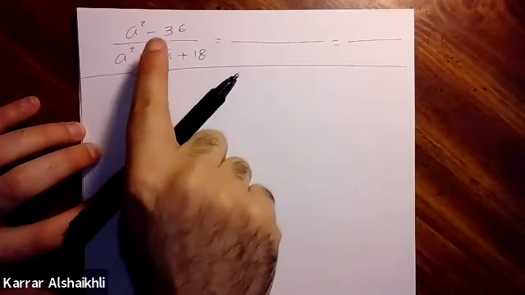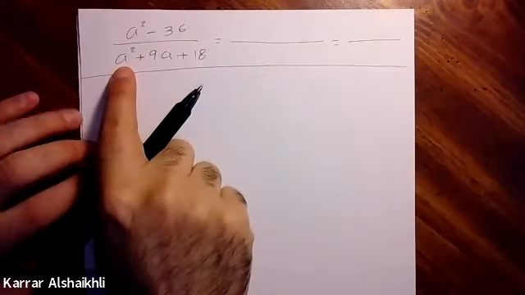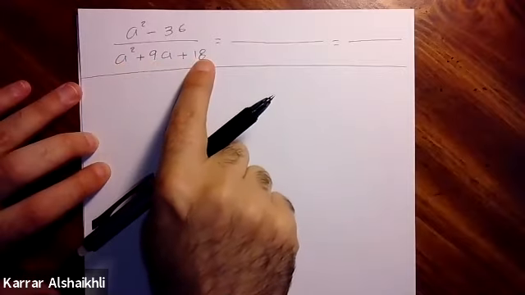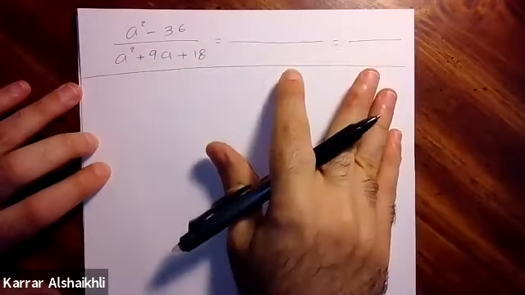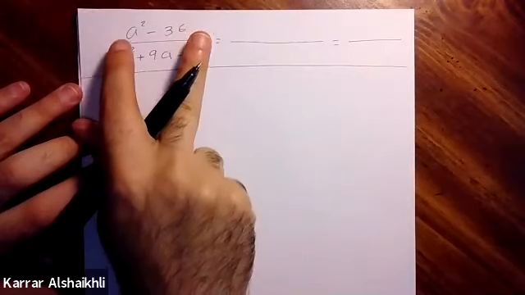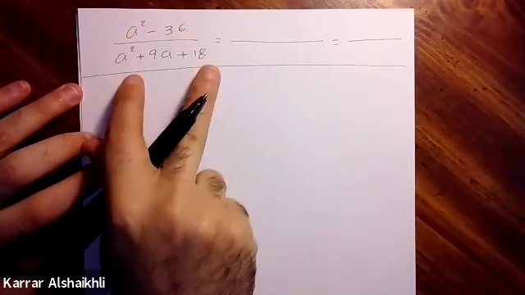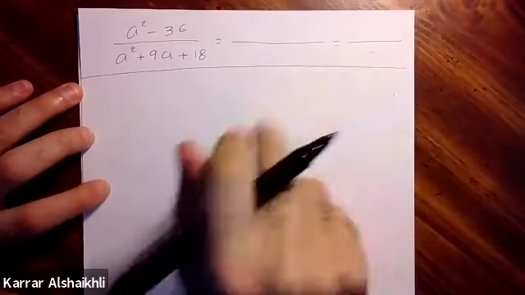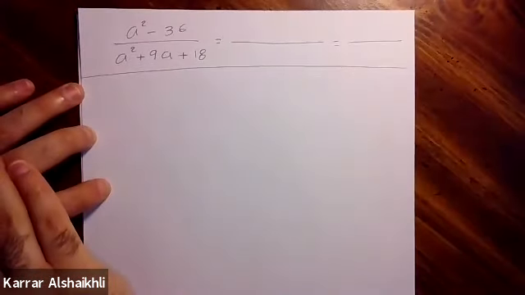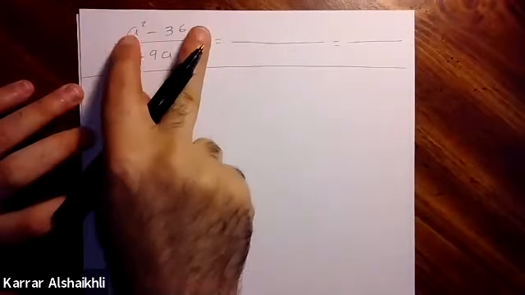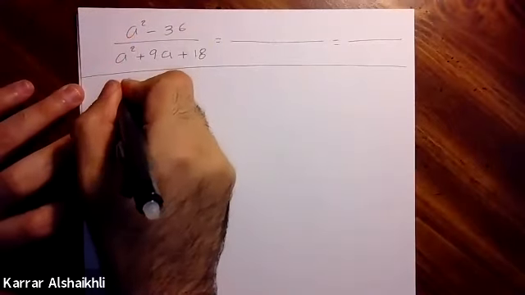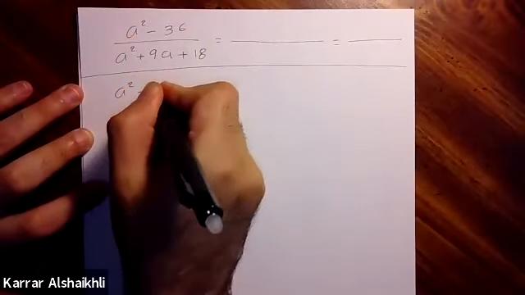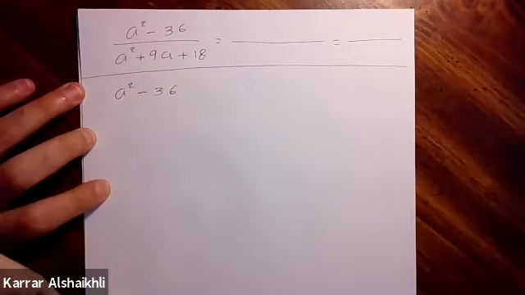So a squared minus 36 over a squared plus 9a plus 18. We're going to do exactly the same thing. We're going to factor the polynomial on the top, and we're going to factor the polynomial on the bottom, and write down the result. Then we're going to cancel exactly the same parentheses. So here is the polynomial, the first one, a squared minus 36.